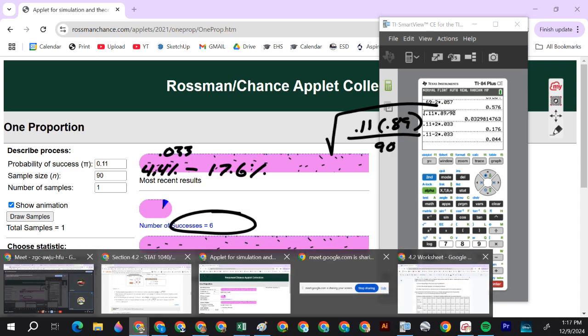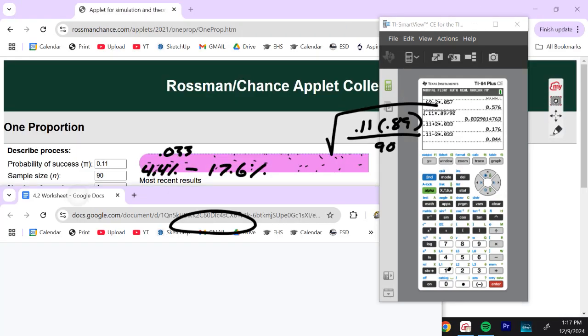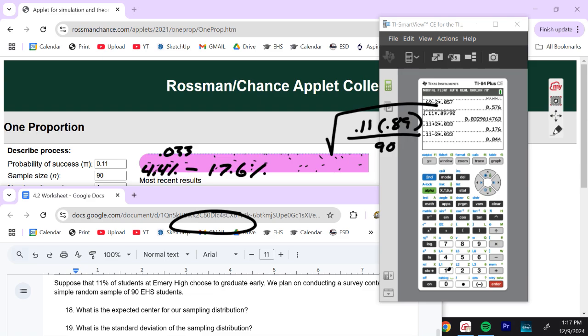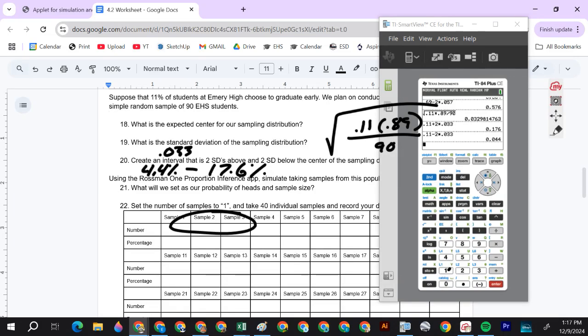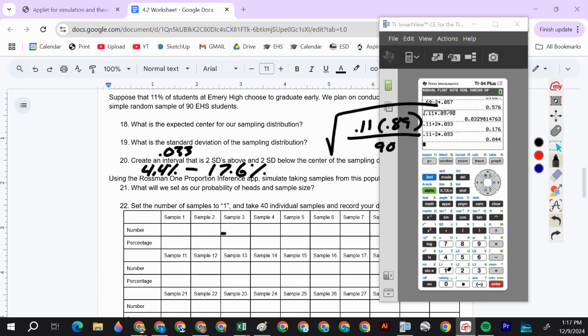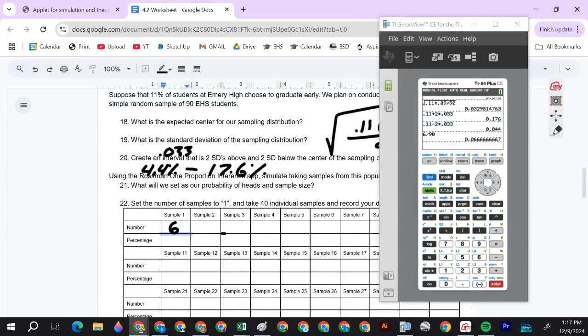So, in sample 1, I got a 6. And then I need to do 6 divided by 90. And I got 6.6%.